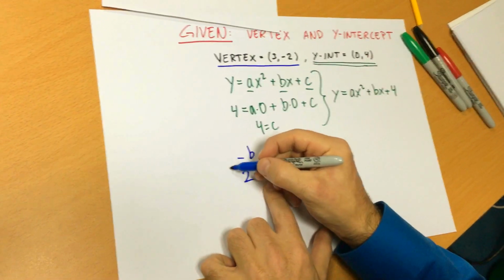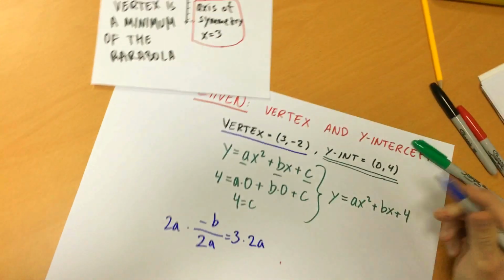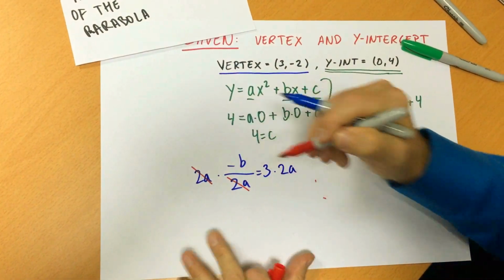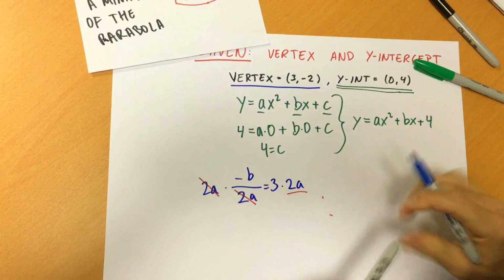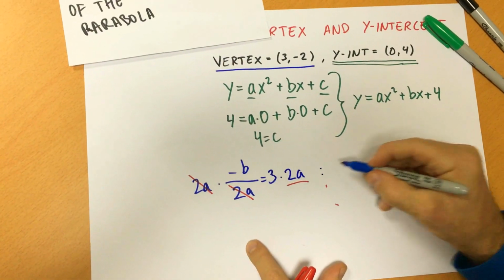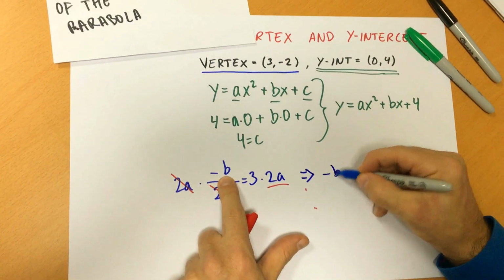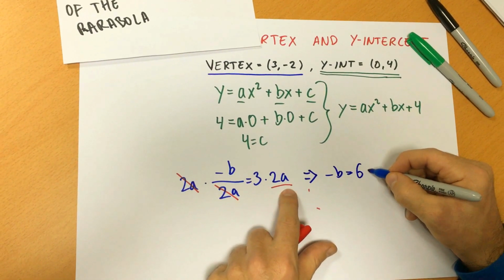If I multiply both sides by 2a now, I see that on the left-hand side, the 2a's will cancel each other out, but I have an extra 2a on the right-hand side. So I will get negative b equal to 3 times 2, that's 6a.